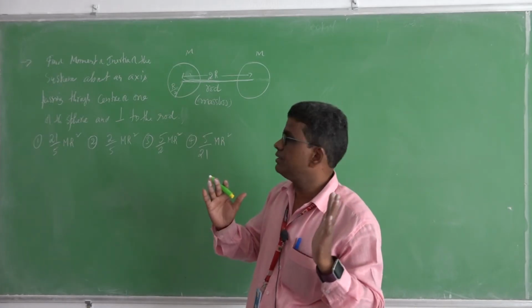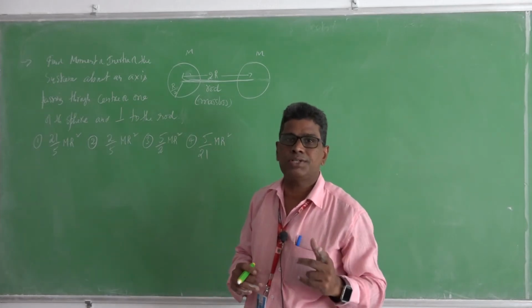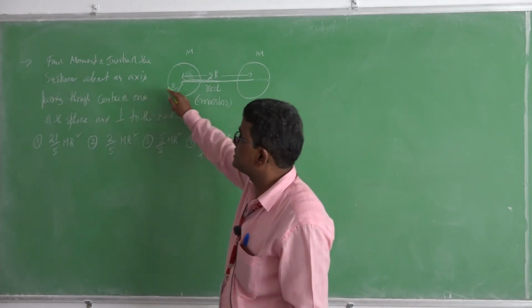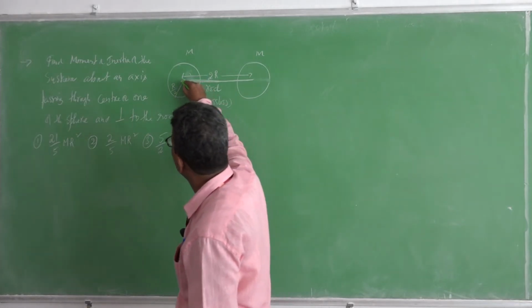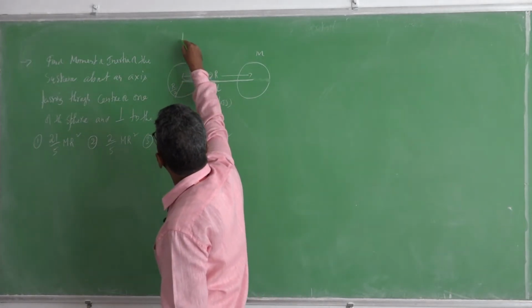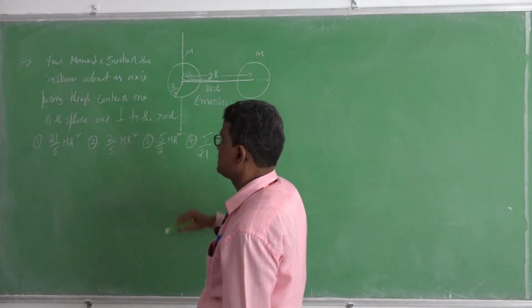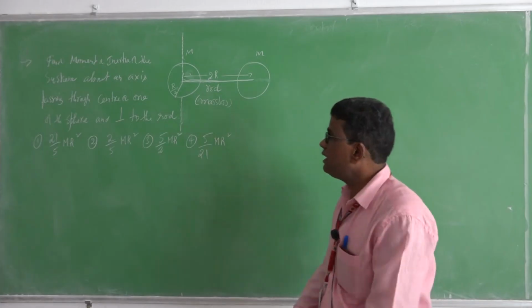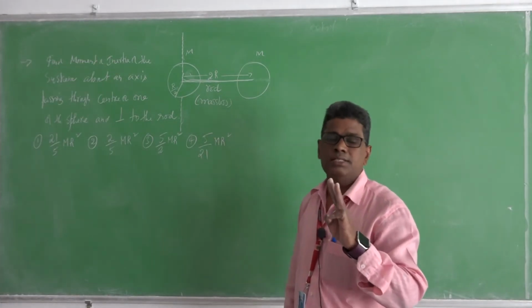That's important. I want the moment of inertia of the system about an axis passing through the center of one of the spheres, and perpendicular to the rod. Clear?